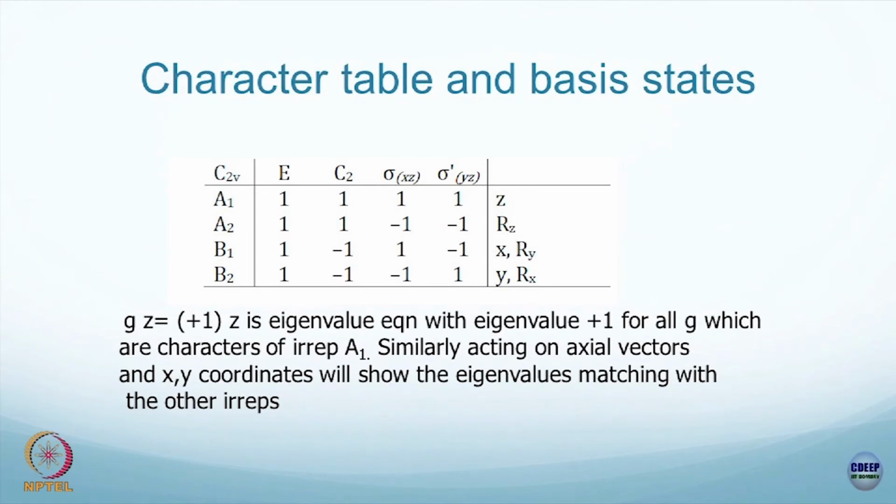You can look at abstract vectors also, because when you call it a vector, what is the definition of a vector? If it transforms exactly like the components of a position vector, you call it a vector, a polar vector to be very specific, and then you can give meaning to various other vectors once you have this basis. So, that is the advantage.